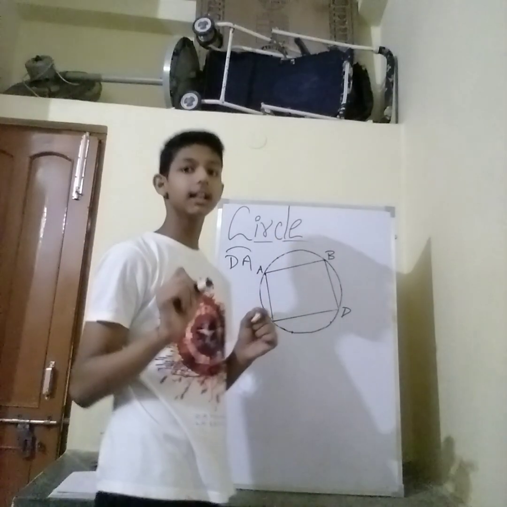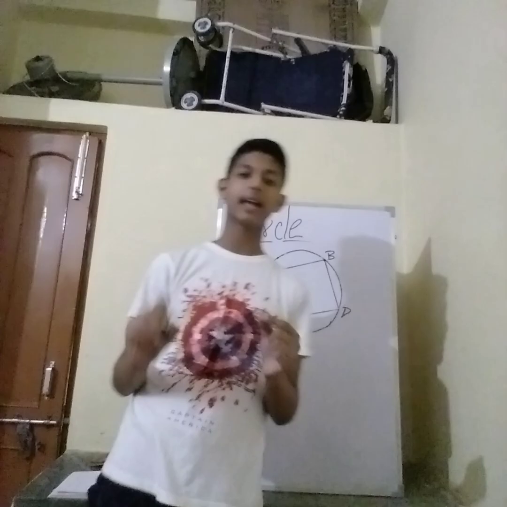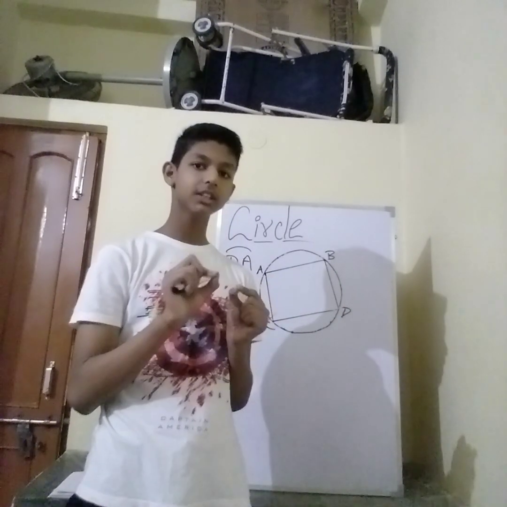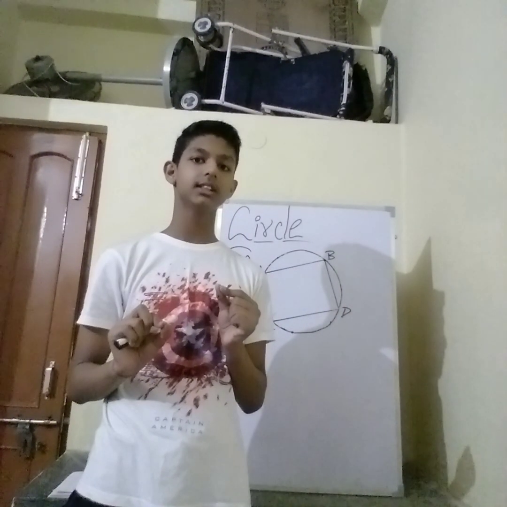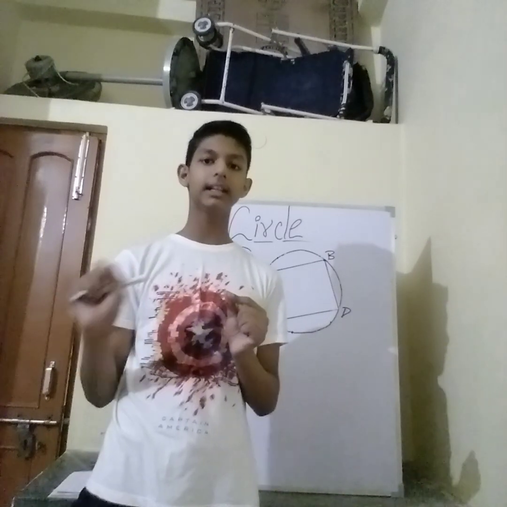Now we have discussed concentric circles, and we will discuss congruency of circles. Circles are congruent if and only if the radii of both circles are equal in measure.